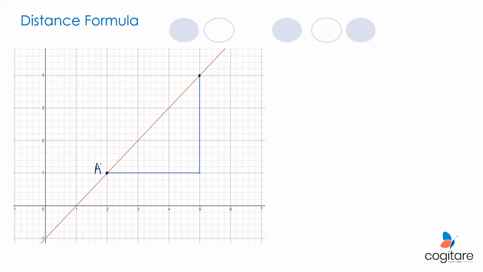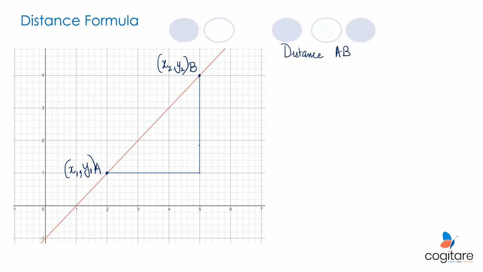So let this be A, let this be B. As per this diagram, the coordinates of A are 2 and 1, but because we want to derive a generic formula that could apply to any set of points, let's call this x1, y1, and let B be x2, y2. Okay, guys. Now, the goal is to find this distance AB.